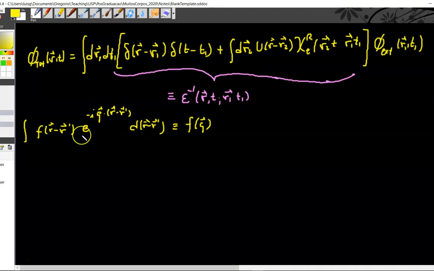So this part, when I Fourier transform it either in space or in time, I should get 1. So the 1 comes from there.